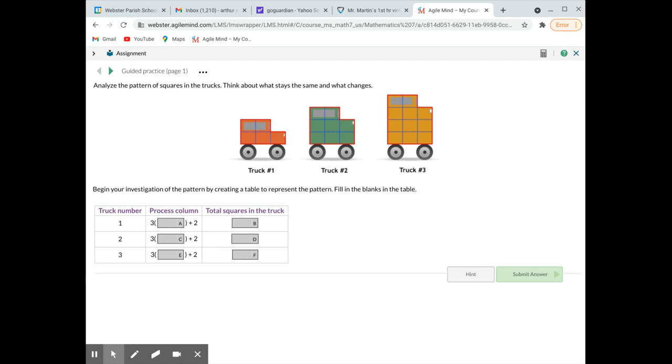So if we were to graph each one of these, truck 1 has how many blocks? 5. And truck 2 has how many? 8. And then truck 3 has 11. So if we were to graph this, would it be linear? Would it make a straight line? What do y'all think?